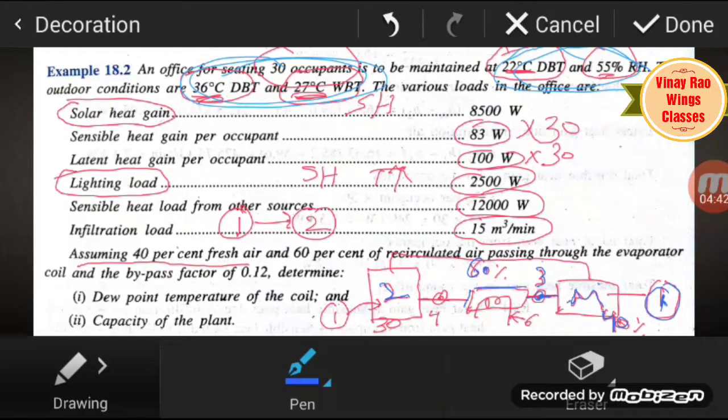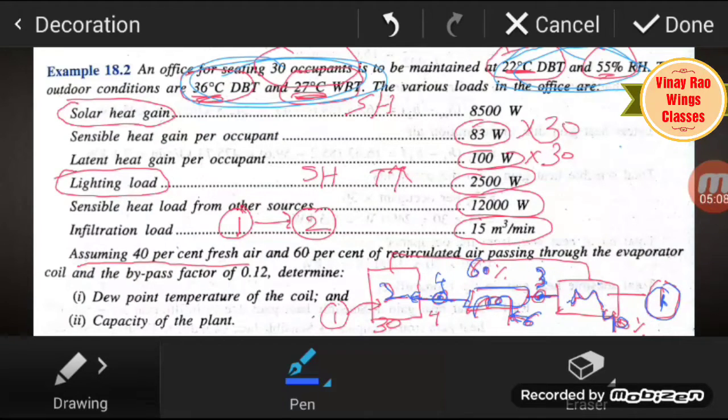Then the air at point number 3 passes to the cooling coil, whose temperature is given as 6. After passing through the cooling coil, the temperature decreases and we get condition 4, which enters the room.